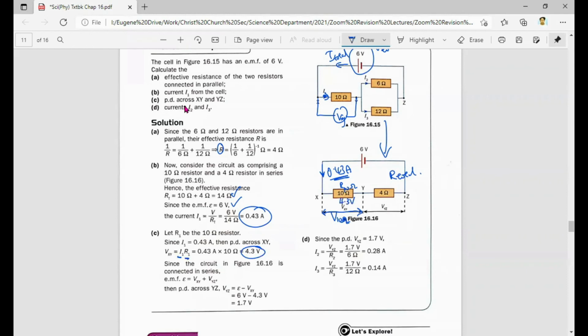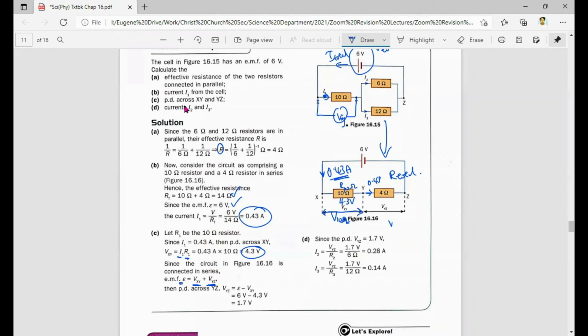Okay? Now, across YZ, because we know this is also 0.43, what you could actually do is take 0.43 multiplied by 4, you can get the answer. However, there's also a simpler way of doing it. We know that if you add up the potential difference across XY and the potential difference across YZ, the potential difference across the components will be equivalent to the EMF of the cell.